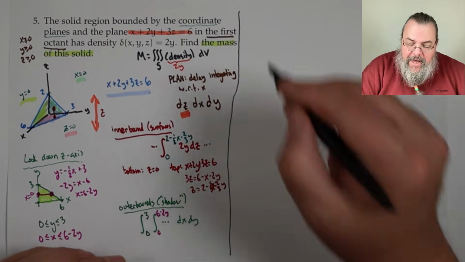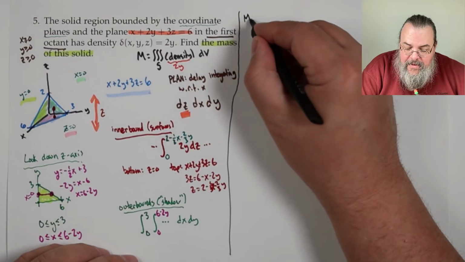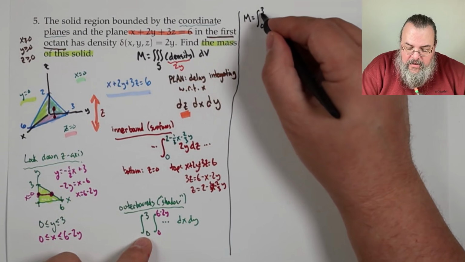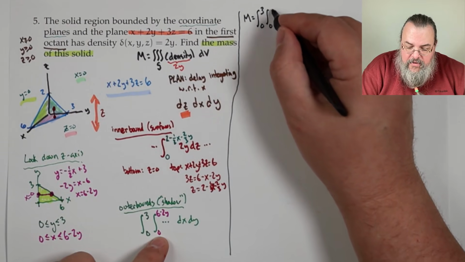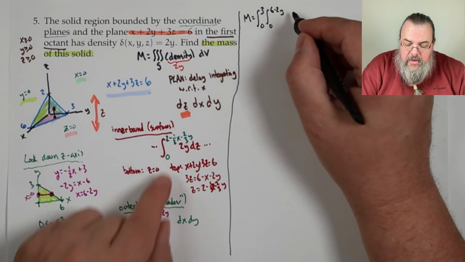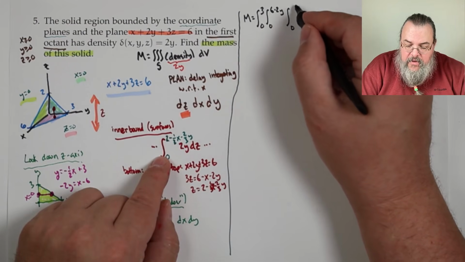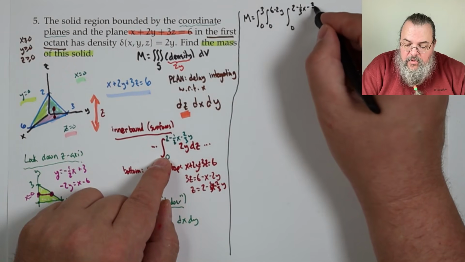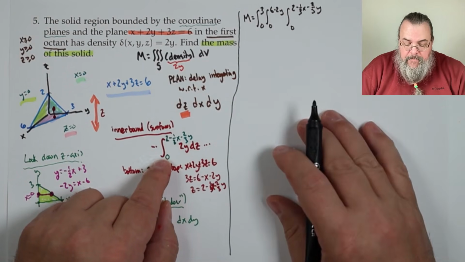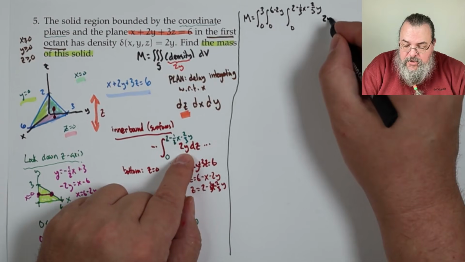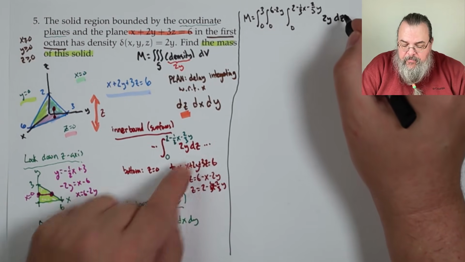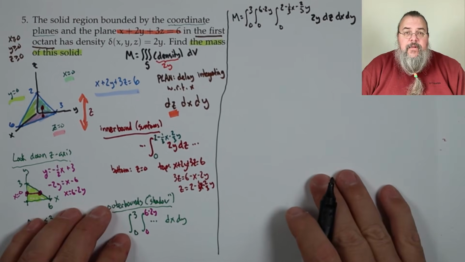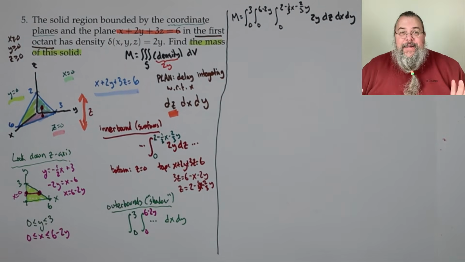So, our mass is the integral 0 to 3, integral 0 to 6 minus 2y, integral 0 to 2 minus 1/3 x minus 2/3 y. 2y, that's the function, dz dx dy. Okay, there we go. It's all there.